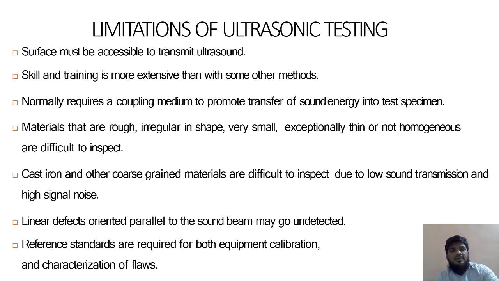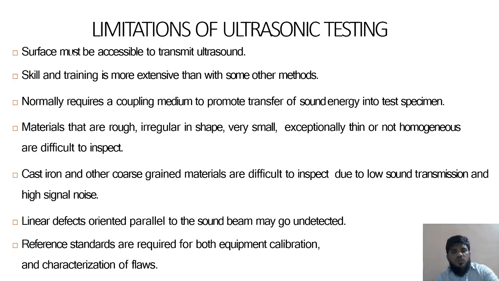Materials that are rough, irregular in shape, very small, exceptionally thin and not homogeneous are difficult to inspect. Cast iron and other coarse grained materials are difficult to inspect due to low sound transmission. In cast iron there will be a large amount of holes. When you cast the material, obviously there will be creation of small voids.